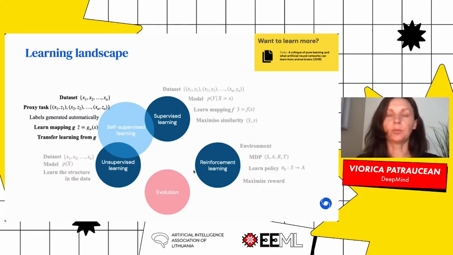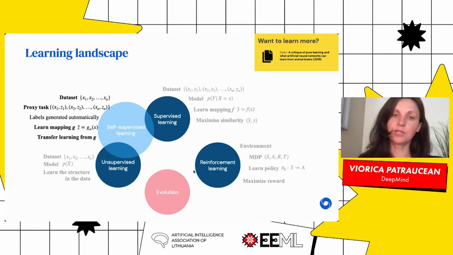And recently, a topic that has become more and more popular is self-supervised learning, which sits somewhere at the boundary between supervised and unsupervised learning. Basically, in self-supervised learning, we use large data sets for which we don't have labels provided by humans, but for which we can generate labels automatically.